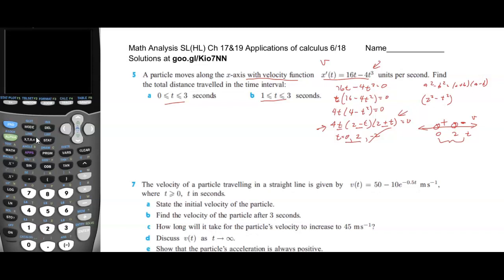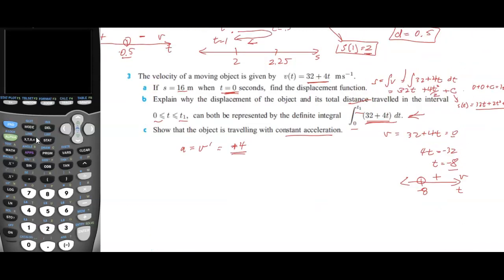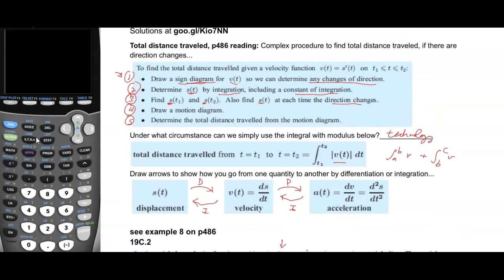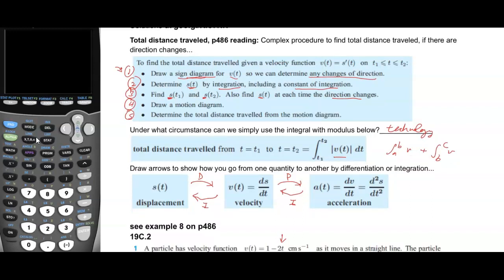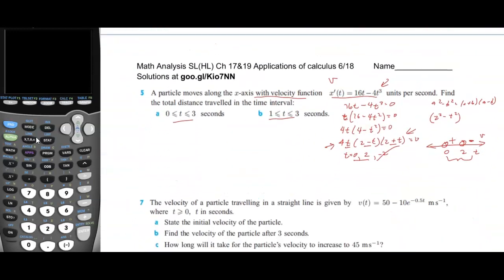Okay, before we get there, let's just follow the procedure that we were given previously. So we drew the sign diagram to see where the changes of direction are. Then we're going to find s by integration, including finding the constant of integration, and then we're going to find all the s values. So let's find the s function first.